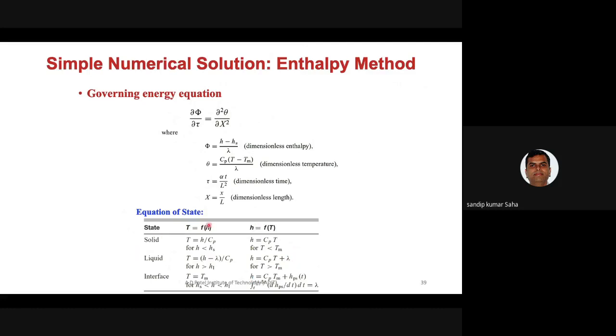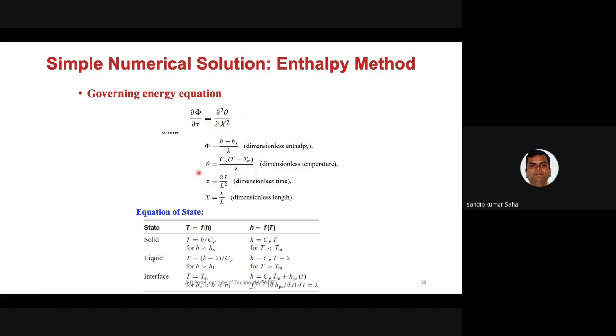The liquid phase and solid phase are not very difficult, whereas at the interface, where temperature is equal to Tm, theta has to be set to 0 in this equation, and simultaneously I will get the solution of phi. Basically I am trying to calculate the latent heat content, or the enthalpy content, during that period.